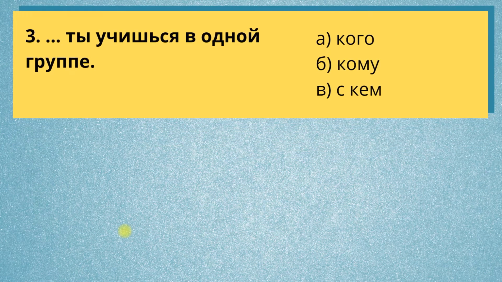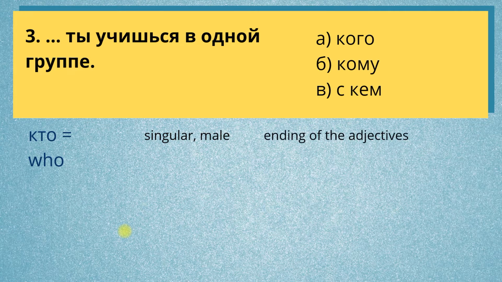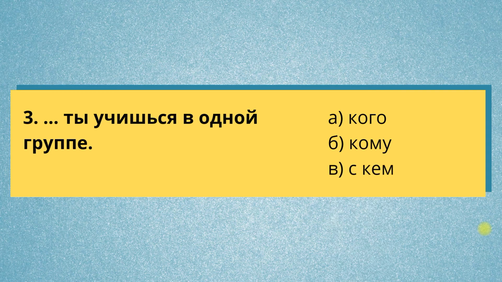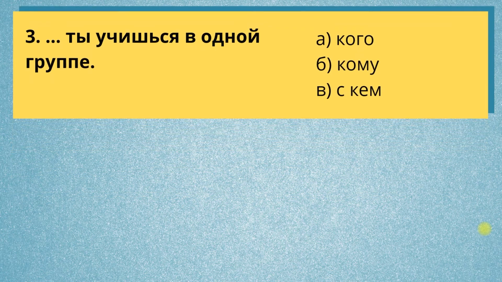Question words are always difficult because they look maybe the same. Кто, it's always singular male form. Always. So you will think about usually endings of question words.